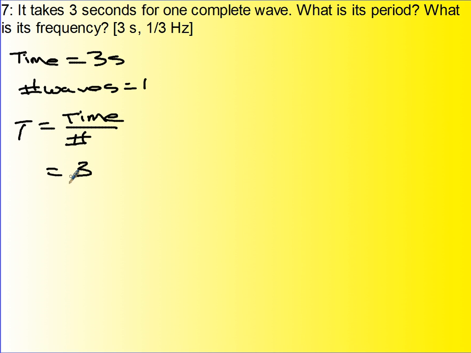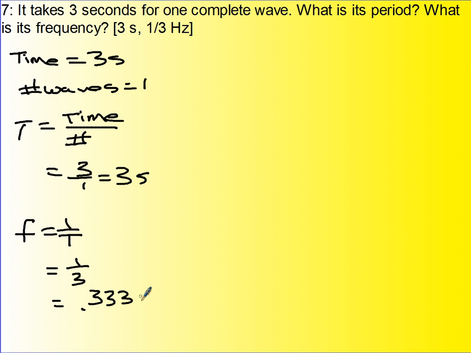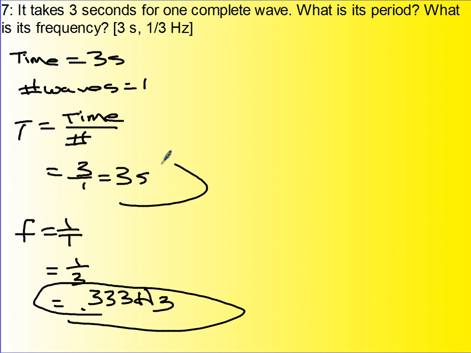So this is 3 divided by 1, or 3 seconds. You could have just read it off there. Now for the frequency, I know the frequency is 1 over the period. So it's 1 over 3, or 0.333 hertz. 2 answers.